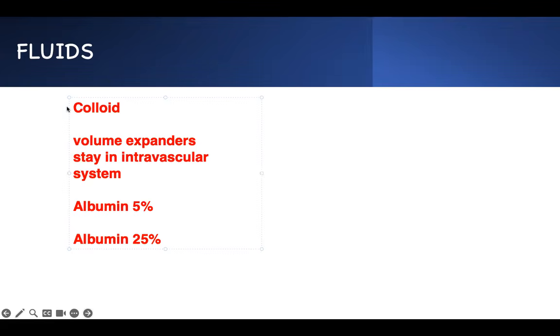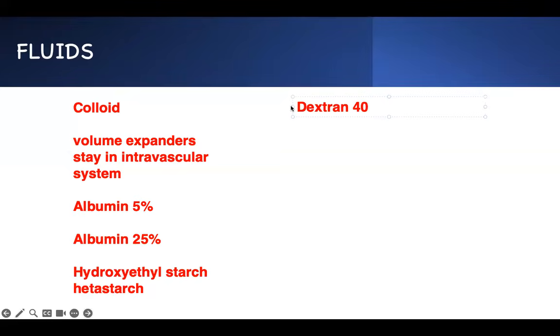It's just the concentration of it. There's hydroxyethyl starch. Some people will call it ether starch. That's another one. Then there is dextran 40. And there's gelatin.